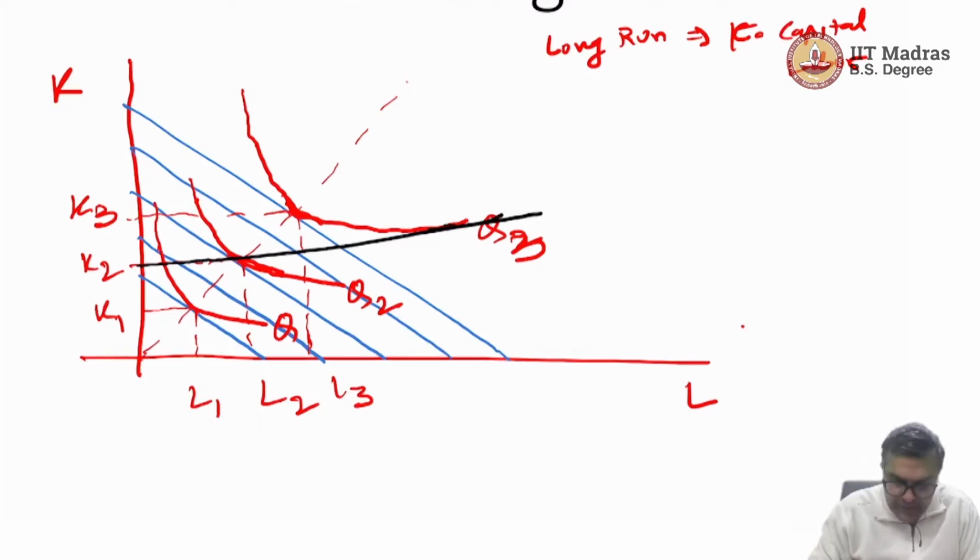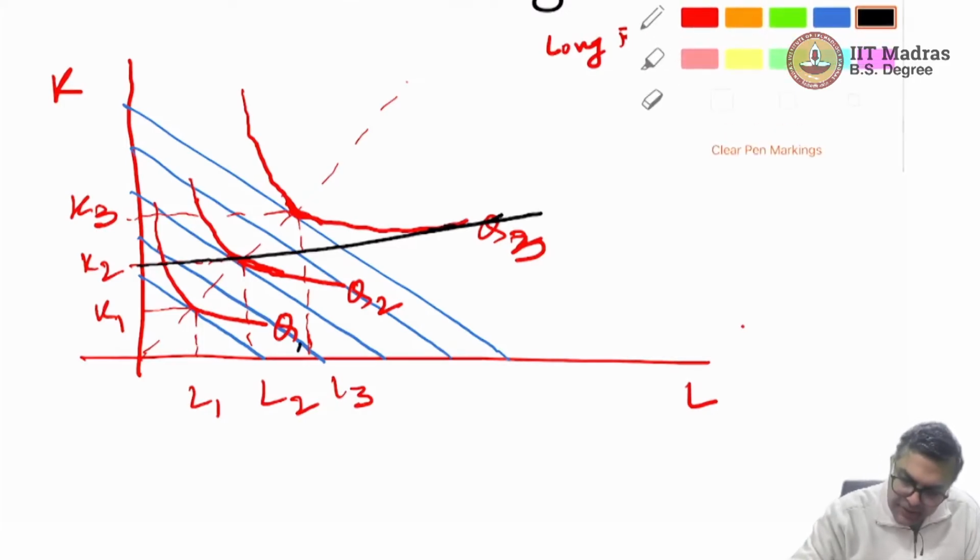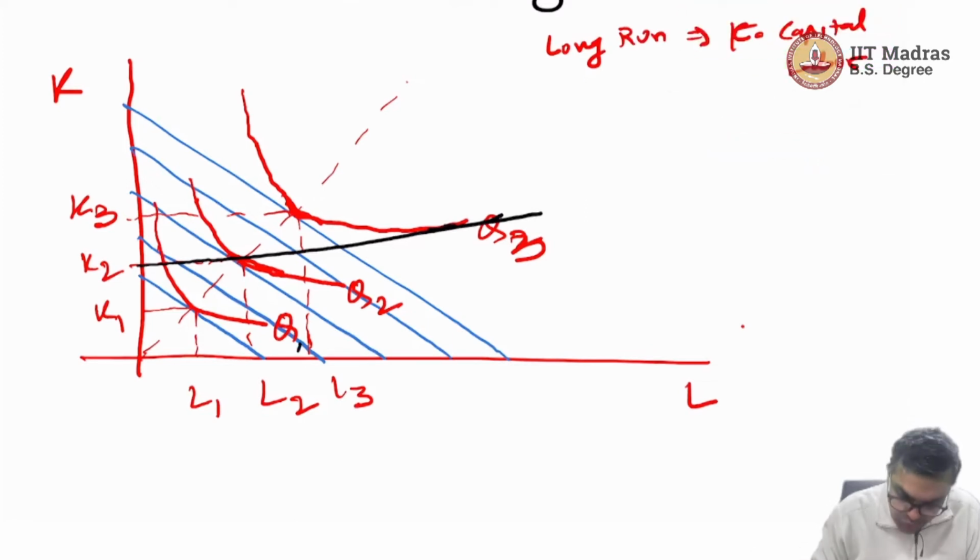Now what will happen here? If this is the case, how much would it cost to produce Q1 units of output? If we pay attention to the iso-cost line, it would cost this much to produce the Q1 level of output in the short run.